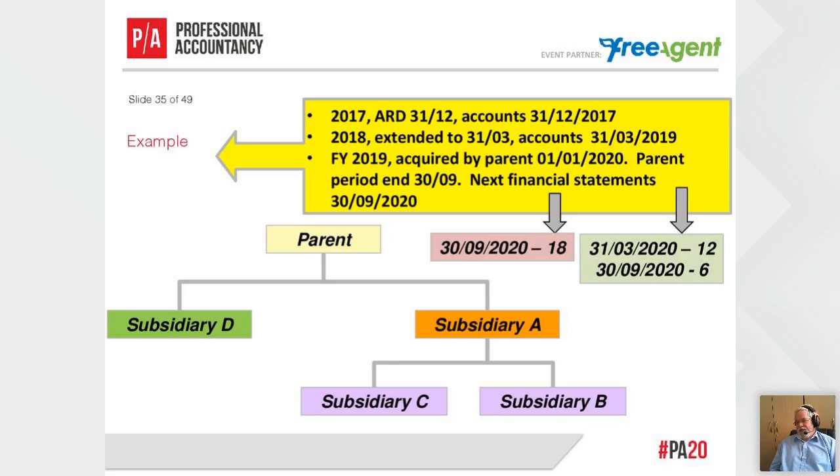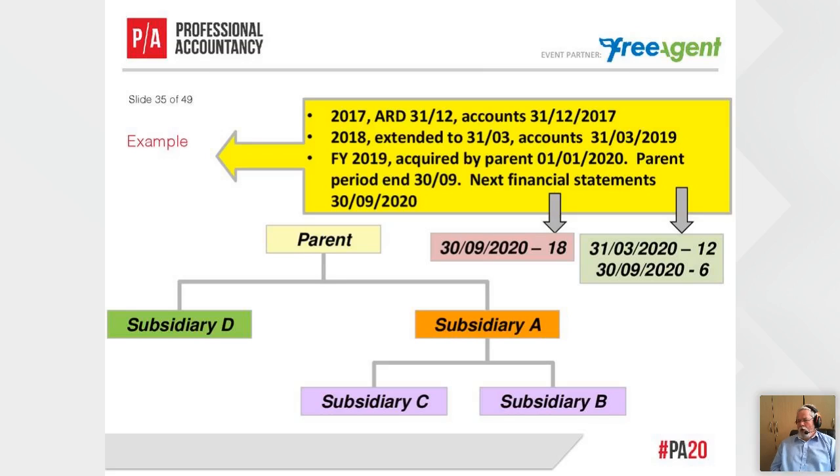For 2018, it extended its accounting date to the 31st of March, so made up its accounts to the 31st of March 2019, effectively having a 15-month accounting period. In 2019 financial year, it's acquired by a parent on the 1st of January 2020. The parent's period end is the 30th of September, and its next set of financial statements is the 30th of September 2020.